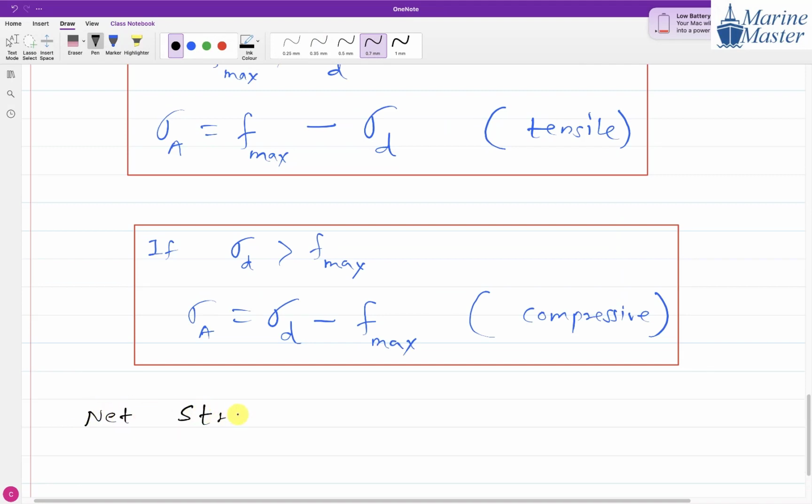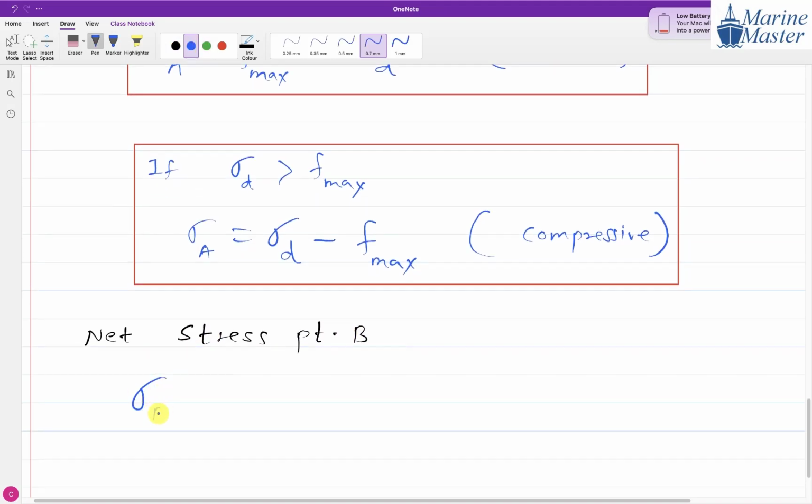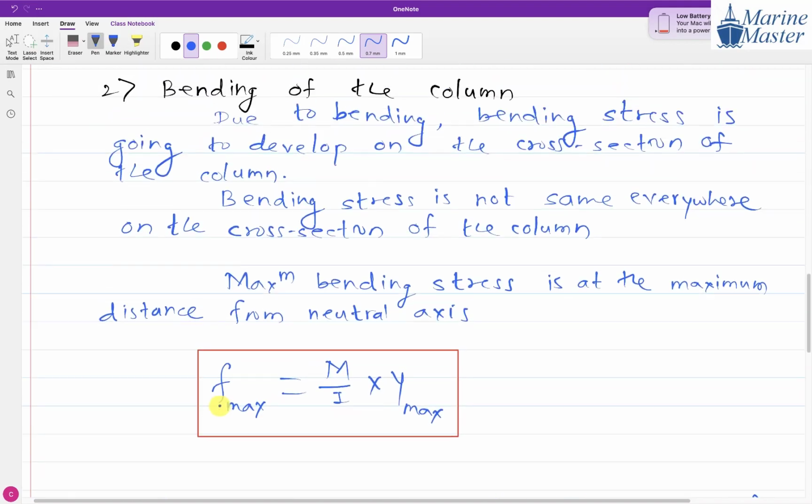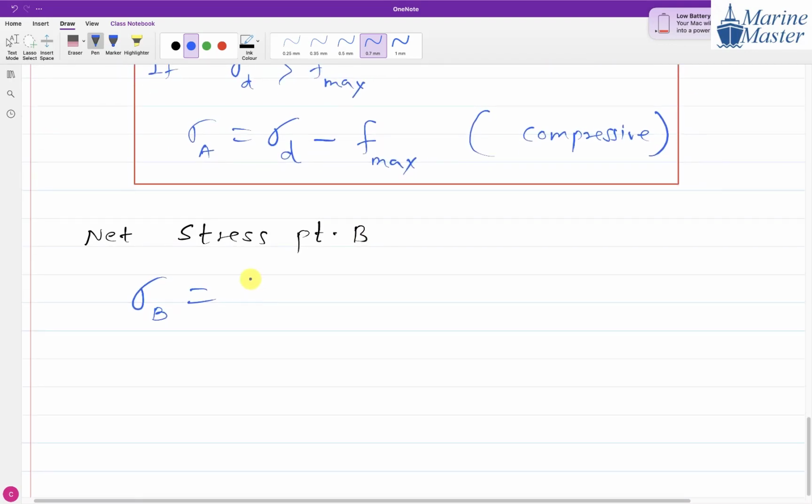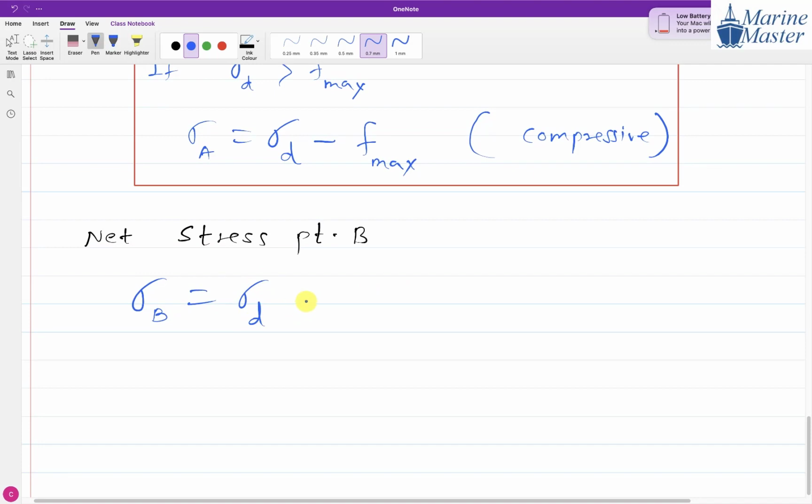If you observe at point B, which type of stress do we have? At point B, only direct stress, no bending stress. So sigma B will be sigma D, and the nature of direct stress is compressive.